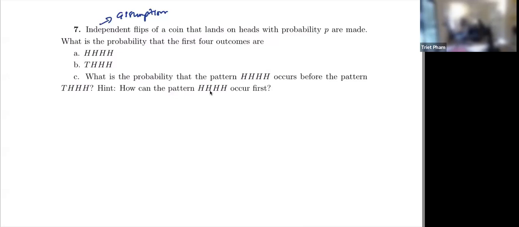And why do we introduce it here and not in the previous problems? Because the coin is biased. Remember that independence, at the heart of it, is a quick way to describe the sample space, the probability on the sample space.